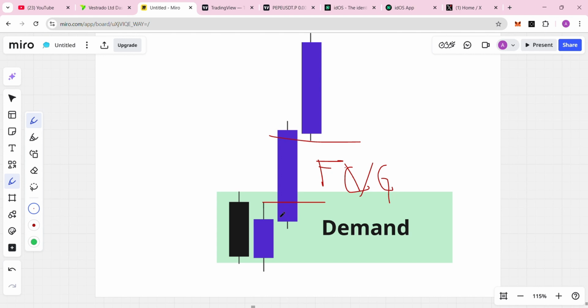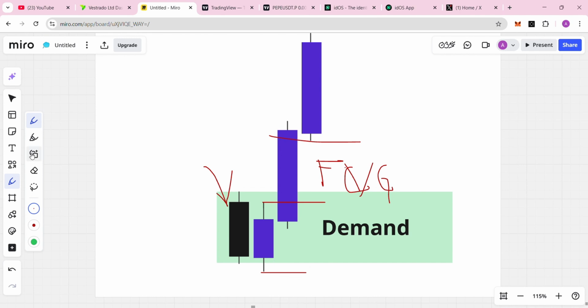So now what you have to do, since you know that a rapid movement moved from this zone, is mark the base, and the base is the last candle that forms before the rapid movement started happening. Other people like to mark the first candle among the sharp movement to the upside, which is fine. But if you want to be on the safer side, just mark the whole range. There's nothing bad in marking the whole range.